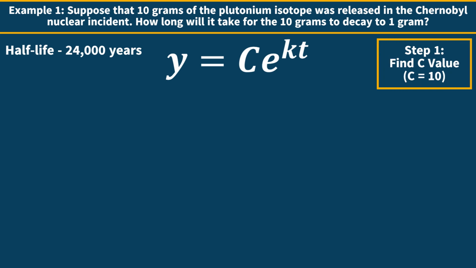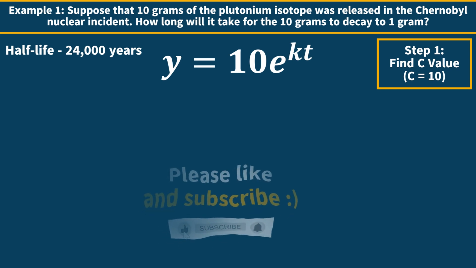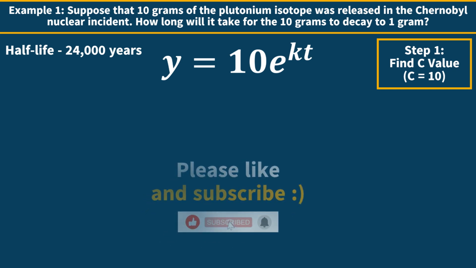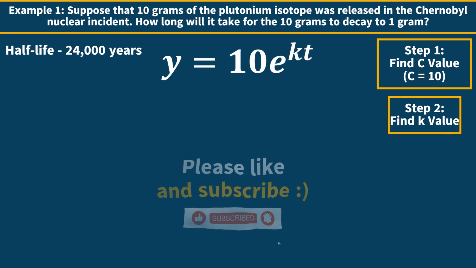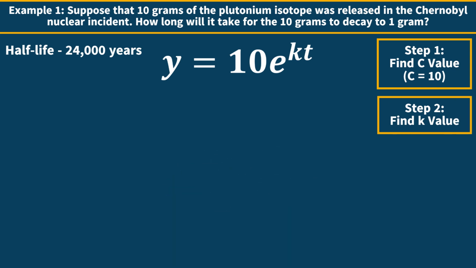Now that we have our c value, our exponential growth and decay model can be written as y is equal to 10 times e raised to the kt. Step 2 is to find our k value, which is the proportionality constant. To find k, we need some more conditions, and this is where the half-life of the isotope comes into play. We found from the chart earlier, the half-life of plutonium is 24,000 years.